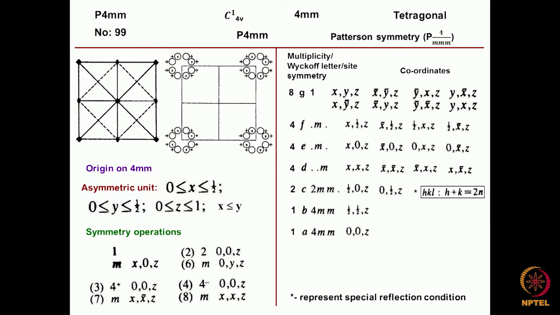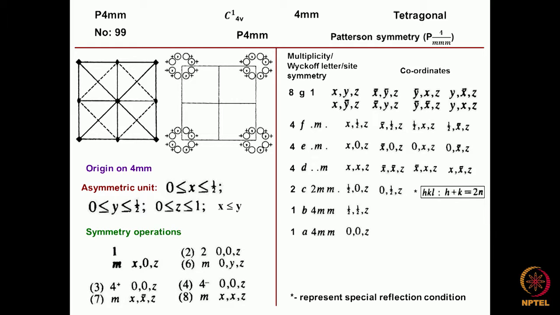If we look at the positions of the atoms, it has a 4-fold symmetry and a mirror symmetry associated, the 4mm symmetry, at the lattice points and the center. And at the middle of the edges, we have 2mm symmetry.